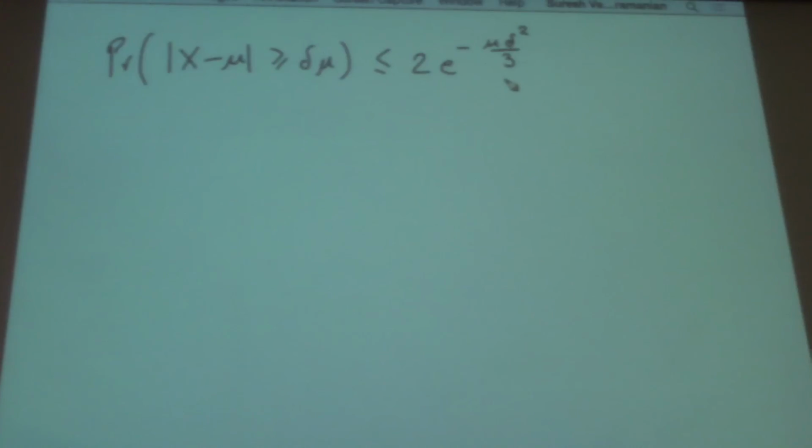Remember, before I had things like 1 over a, then 1 over a squared, where a is like delta here. Now I'm having e to the minus. It's a much, much stronger decay rate. And this is an example of what is called a Chernoff bound.